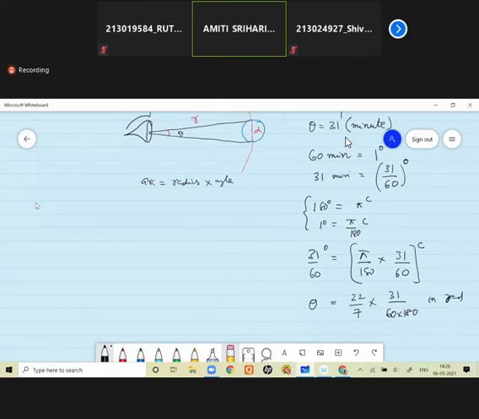Now the radius r is given as 3,50,000, and the angle is 22 by 7 into 31 by 60 into 180. Children, anybody can solve this one, using the calculator?